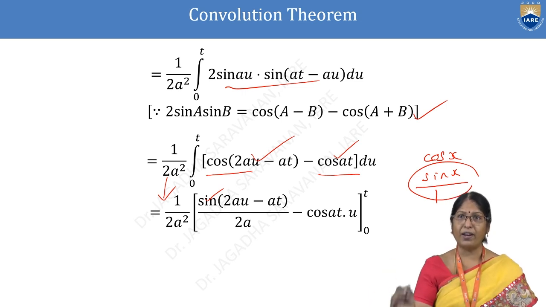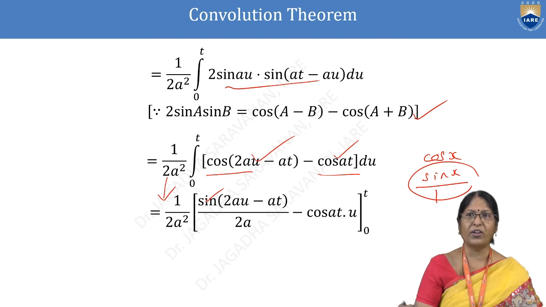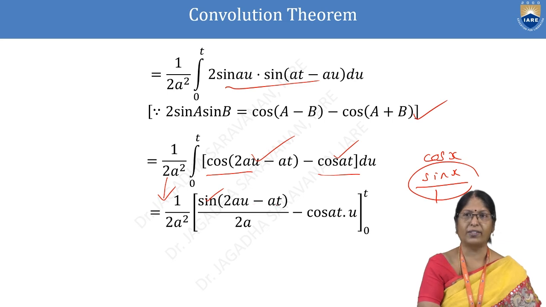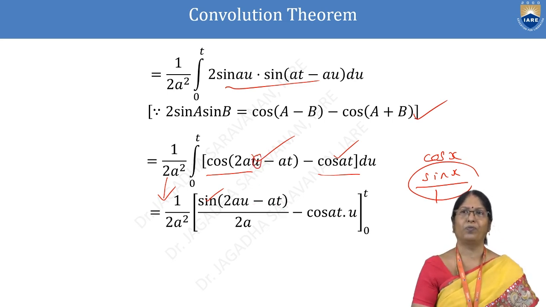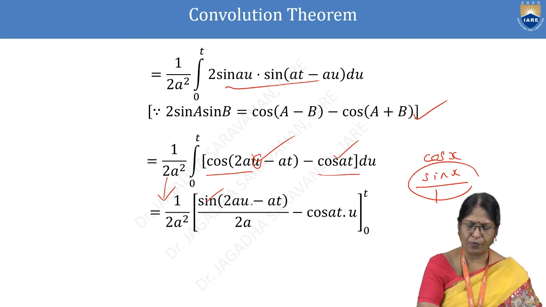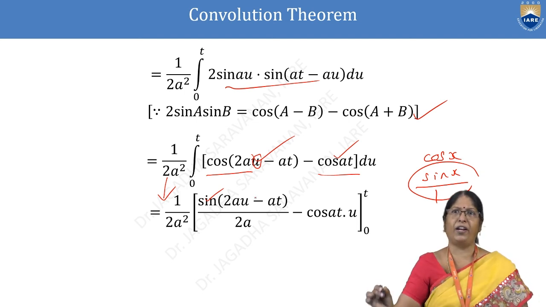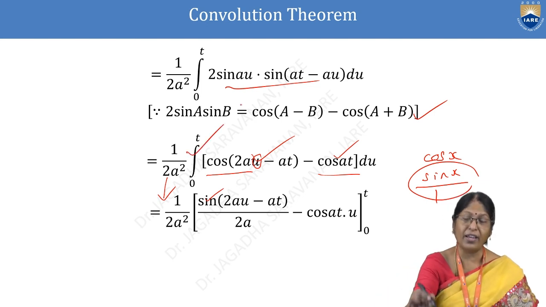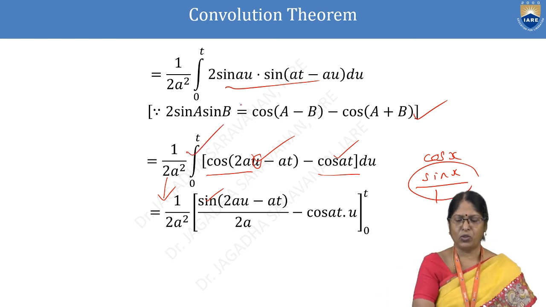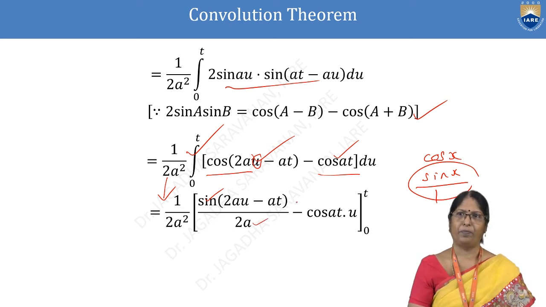In the similar manner here, the integral of cos of some term is sin of 2au minus at, divided by the coefficient of u. The coefficient of u should be divided by. Why divided by? Because we are doing integration, so divided by the coefficient, it should be written.